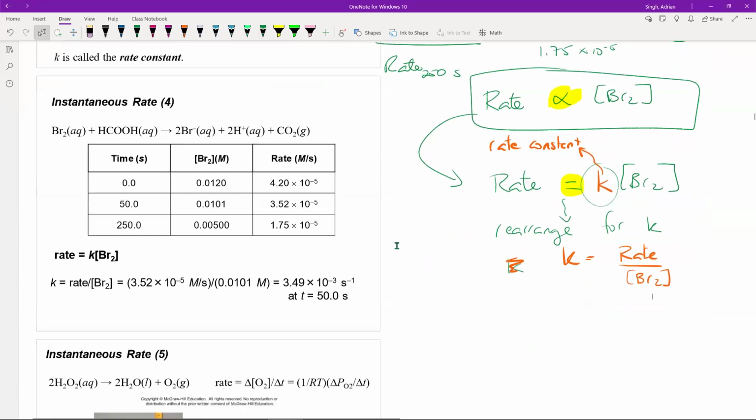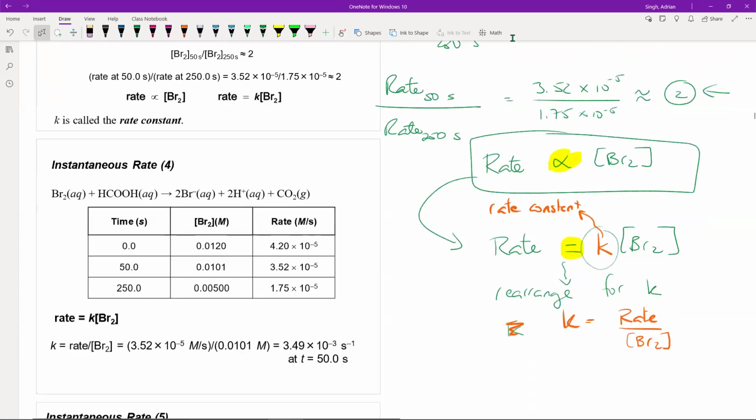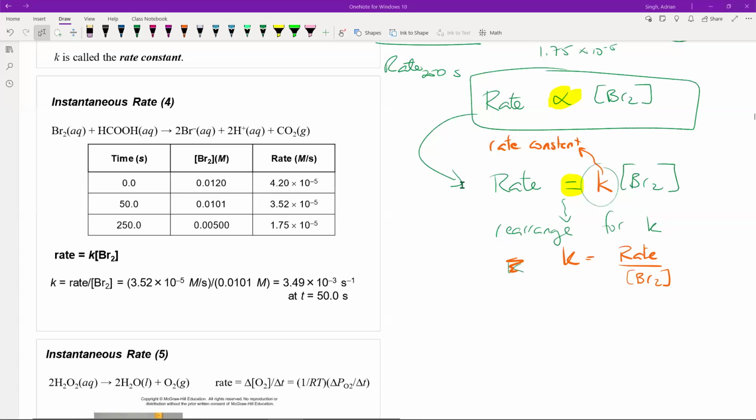We can solve for the rate constant for this particular equation by picking a couple data points on here and seeing the relationship between them. So let's solve for k, the rate constant. For example, let's pick the time equals 50 seconds.